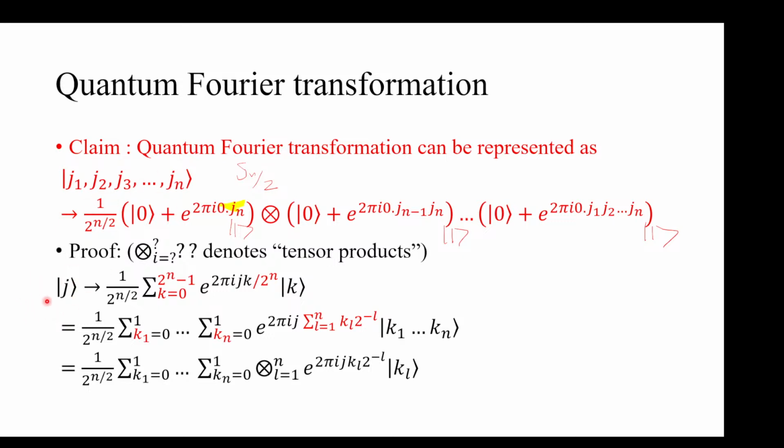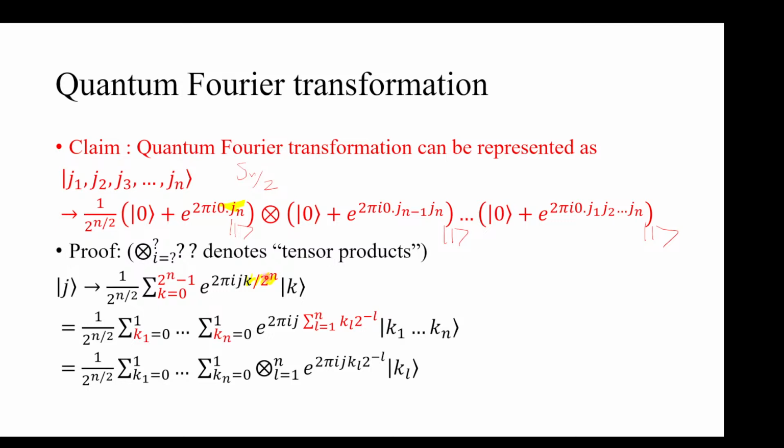So if we start with some j, then the definition we write down is a normalization factor, then the summation over k of |k>, with coefficient e to the 2 pi i jk over big N, and now big N is 2 to the n. Okay, so yeah, and I guess we want to check the k part. Okay, and k over 2 to the n.